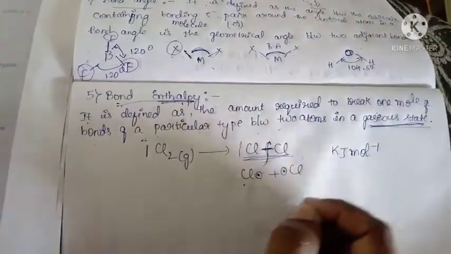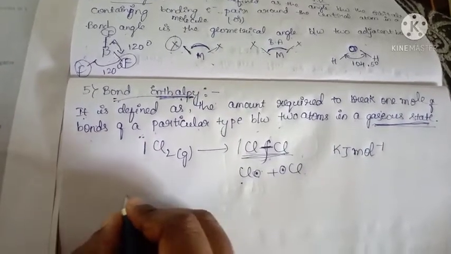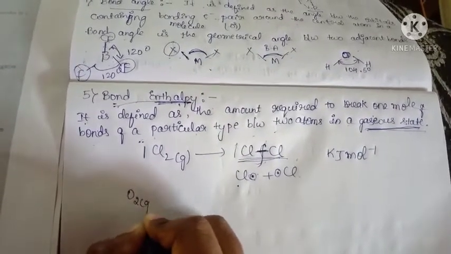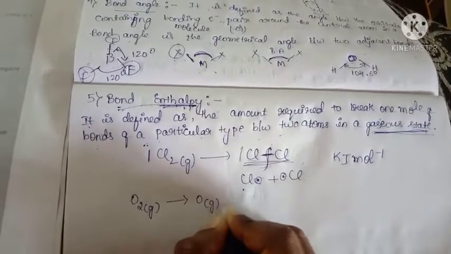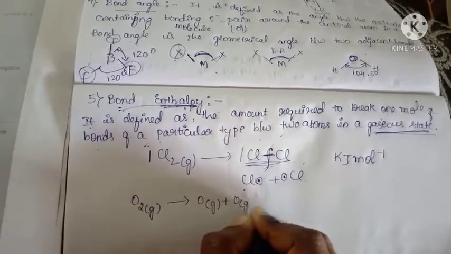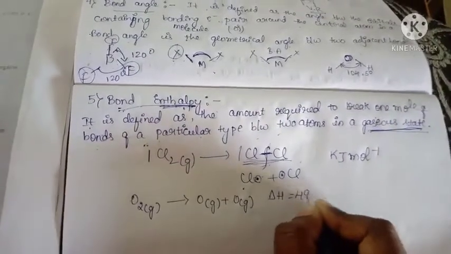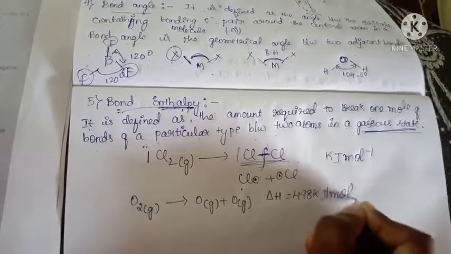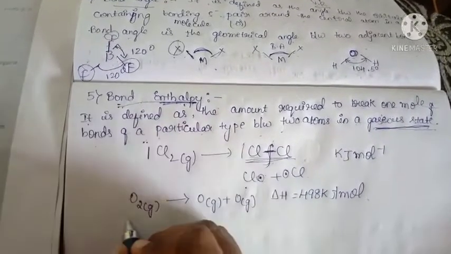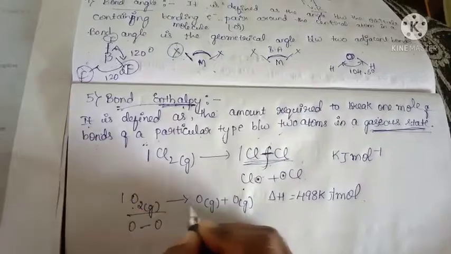For example, for the oxygen molecule, O2 gas gives O gaseous plus O gaseous. The bond enthalpy is 498 kilojoule per mole. Did you get it? Here the O2 molecule, here also 1 mole.